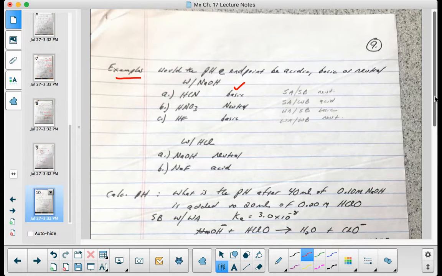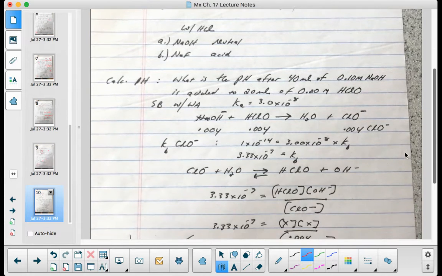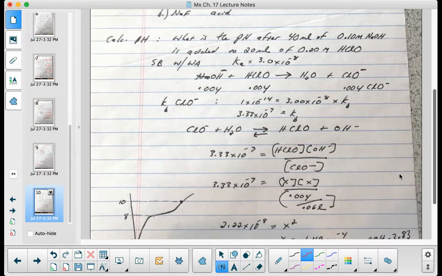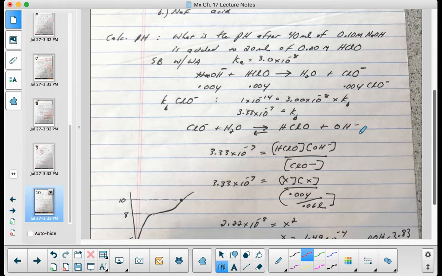Okay, so one last thing that I want to do is a pH calculation at a particular point in the titration. So we're going to use a strong base. We're going to react that strong base with a weak acid. And so what I have is 40 milliliters of 0.1 molar NaOH, which gives me 0.004 moles of NaOH.